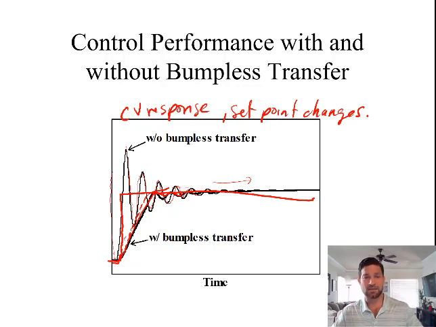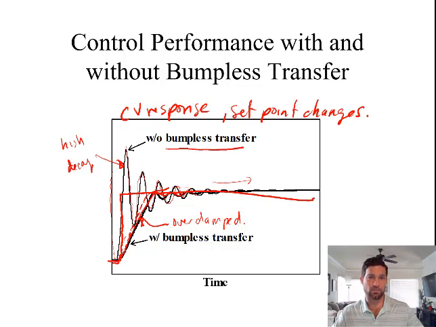But now you can see the problem, or the difference here is that with this case right here, this is starting to look like an overdamped type of response, right? This one right here has a very high decay ratio. But remember, if we go back and we look at what's the error associated, the difference in error between these processes, in the case of without Bumpless Transfer, we likely have a lower error between the set point and the actual value, even though we have these oscillations, because the Bumpless Transfer has these large errors associated with this gradual change to the new set point.